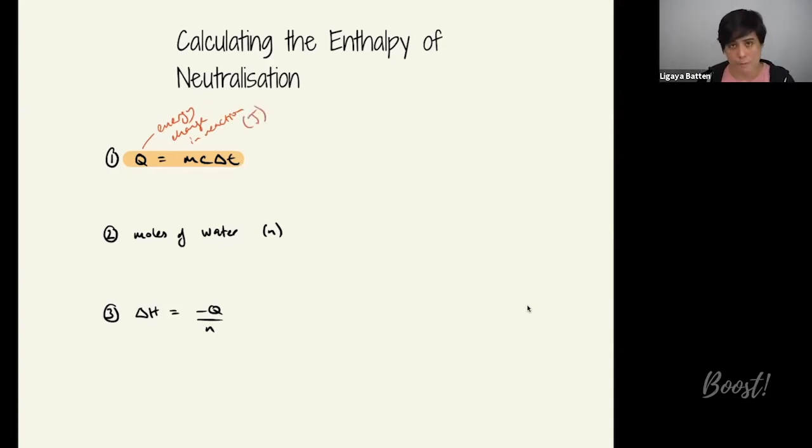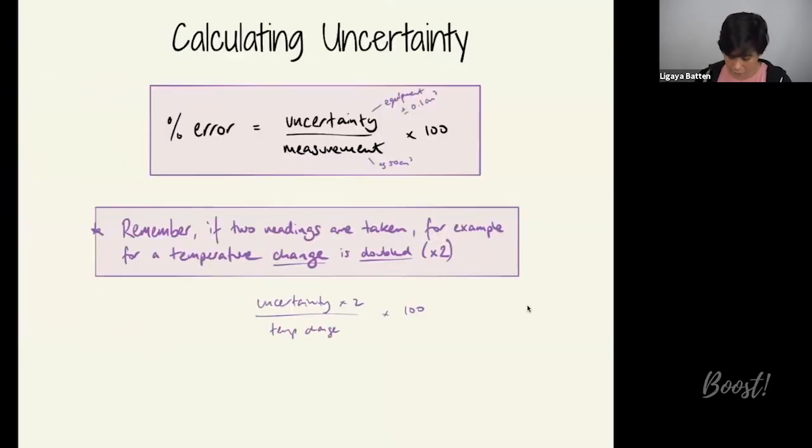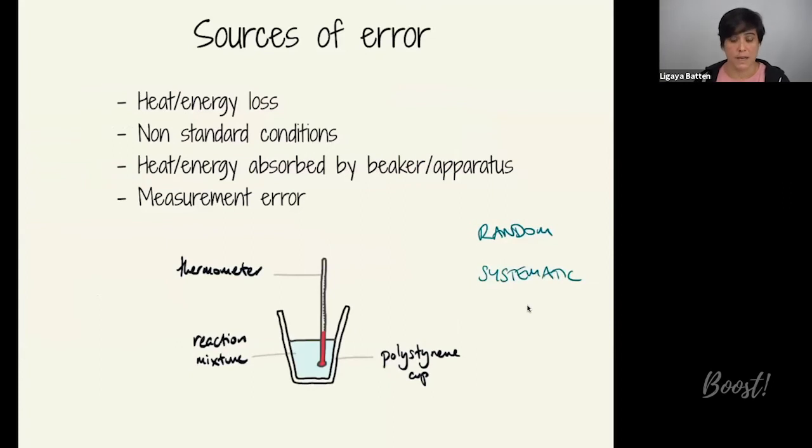And because we're measuring this enthalpy change of neutralisation, remember that we have all of this in a solution in a polystyrene cup or a beaker. The temperature change that we measured was the temperature change of the solution or of the reaction mixture. Therefore, our mass and C, which is specific heat capacity, needs to also relate to that solution.